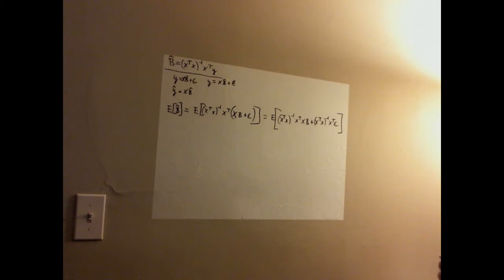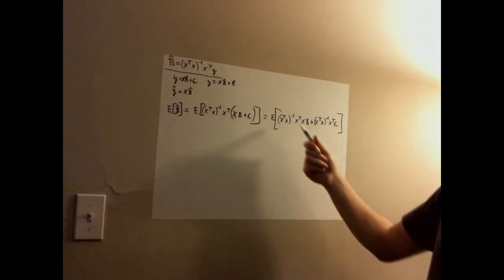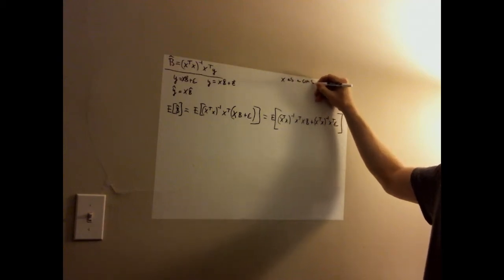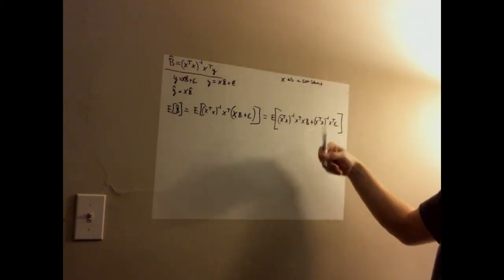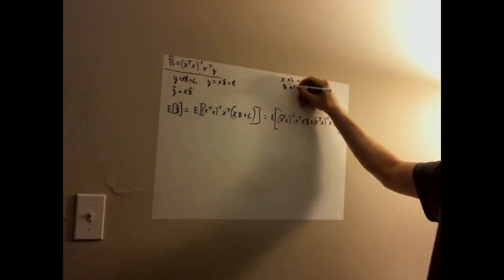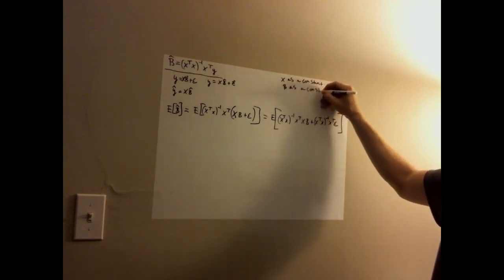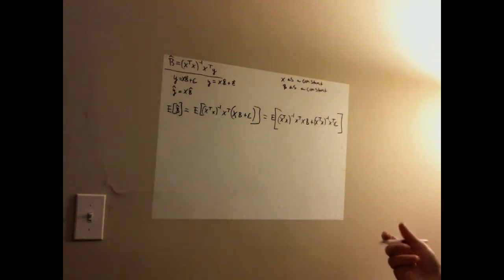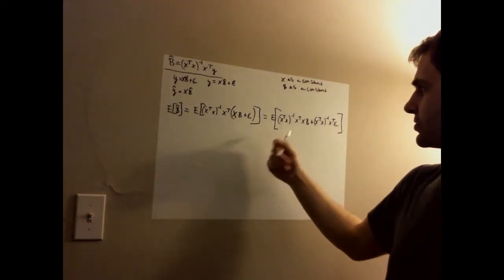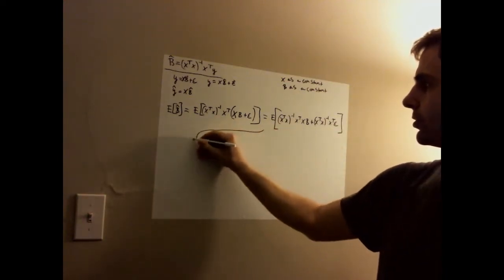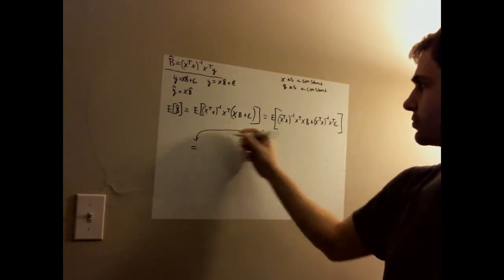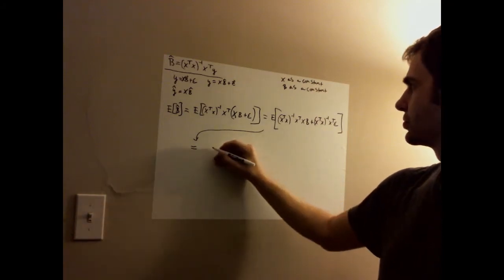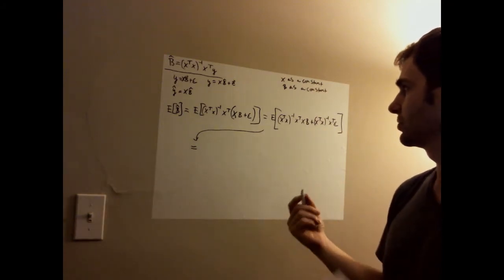Okay, so we need to remember that we're treating X as a constant, and we're treating the betas as a constant. What this means is that when we take this expected value, we have the expected value of the constant, which is whatever that constant is.